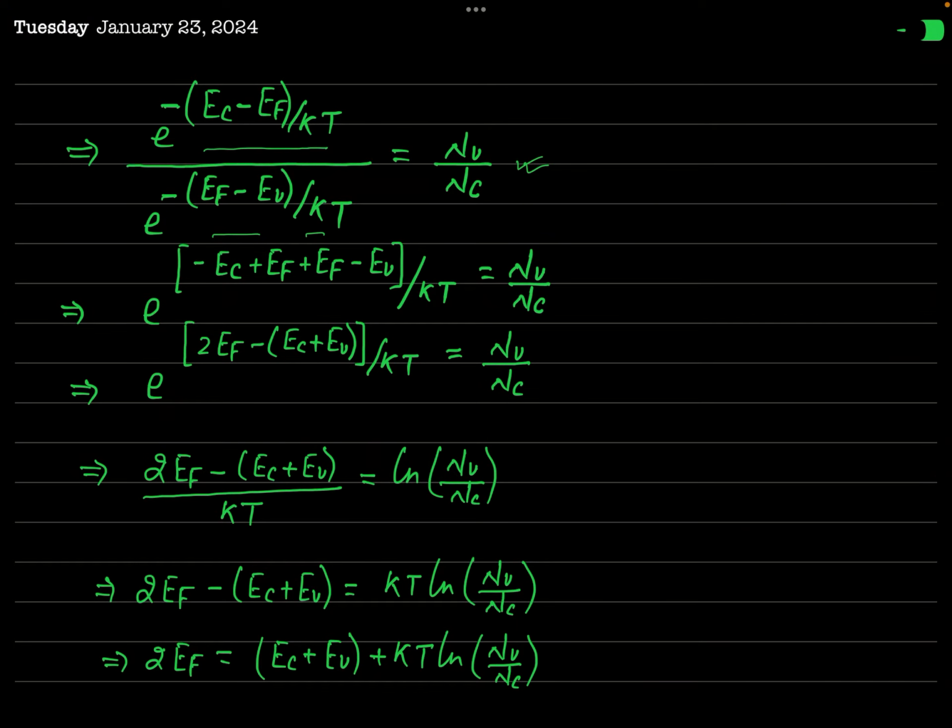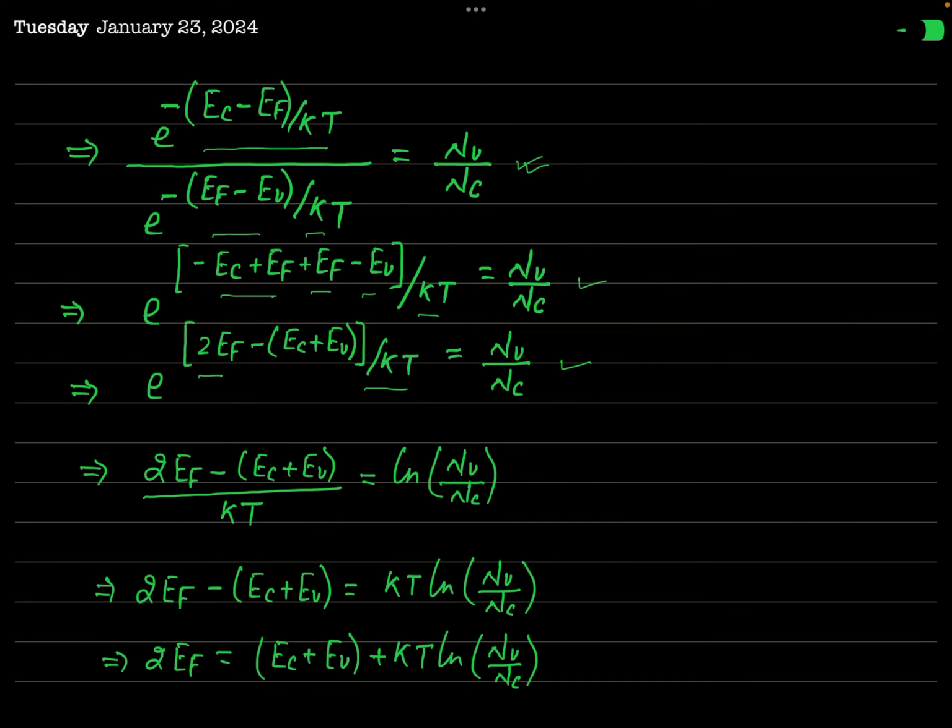So this LHS can now be written as exponential raised to the power minus Ec plus Ef plus Ef minus Ev over Kt, and that is equal to Nv by Nc. So this LHS becomes exponential raised to the power (2Ef minus Ec minus Ev) whole divided by Kt, and that is equal to Nv over Nc.